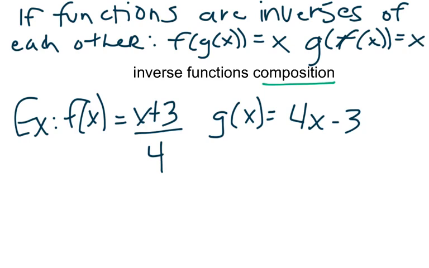If it equals anything other than x, you do not have inverse functions. Even if it's x plus 3 or x squared, or even if they both have x plus 3, if they're not both x, then they're not inverses.